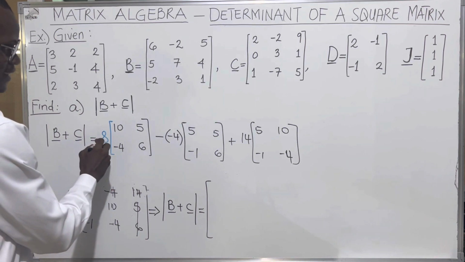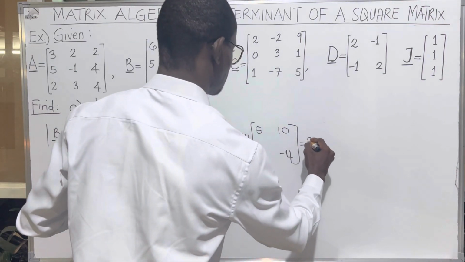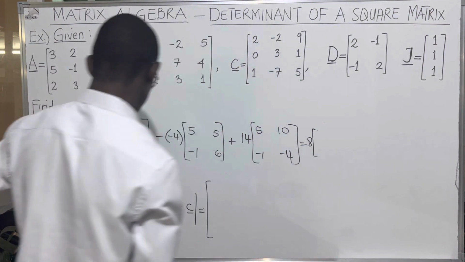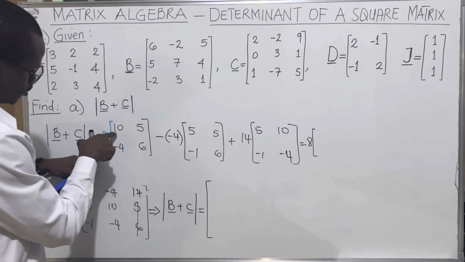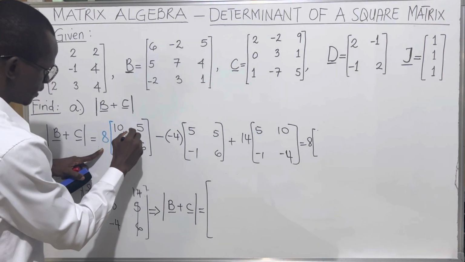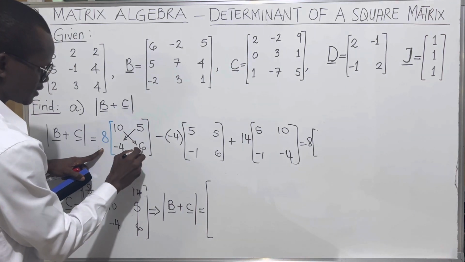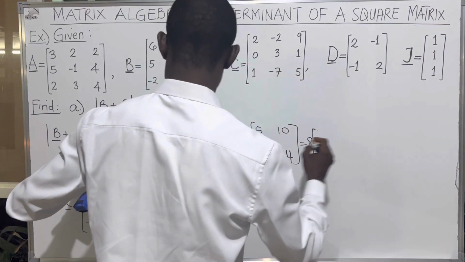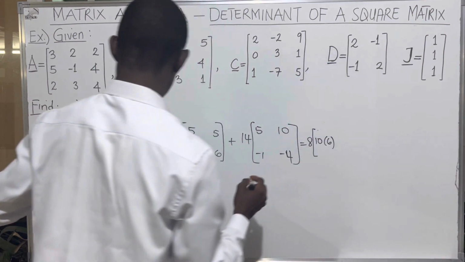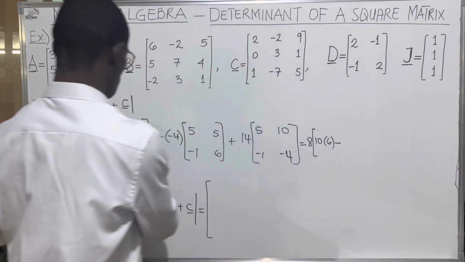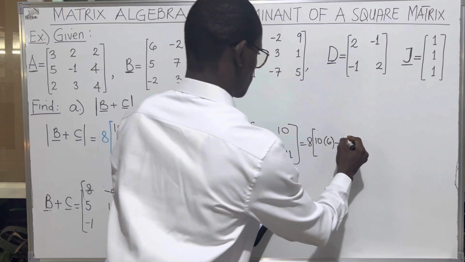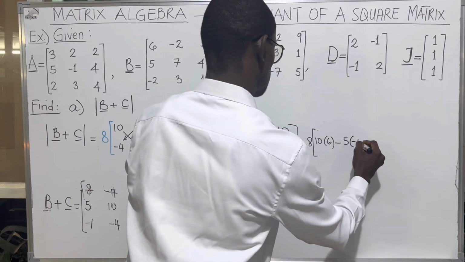So this is 8. So we have here 8. Then we put this in kind of parentheses or bracket. So we have 10 times, so it's like we're cross multiplying. So 10 times 6, minus, remember it's positive, it's negative, minus 5 times minus 4.